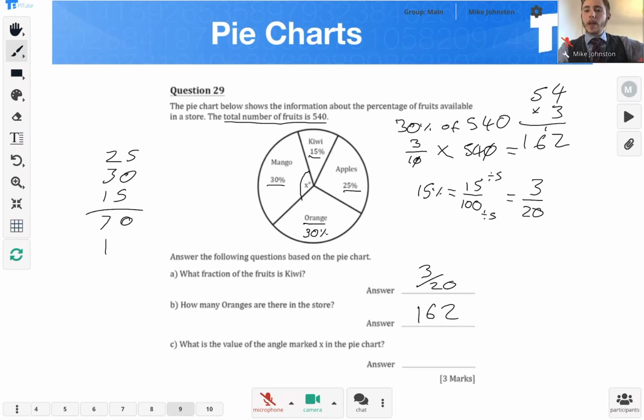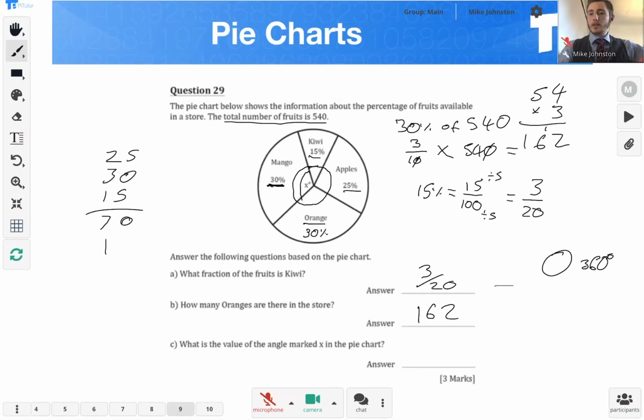Because we know that this angle must be 30% of something. That's the first connection you make. But then you have to think about how many degrees are in the full rotation. When you go all the way around, how many degrees is that? This is one thing you need to keep in your head. In a full rotation, that is 360 degrees. So this angle x is going to be 30% of 360 degrees.